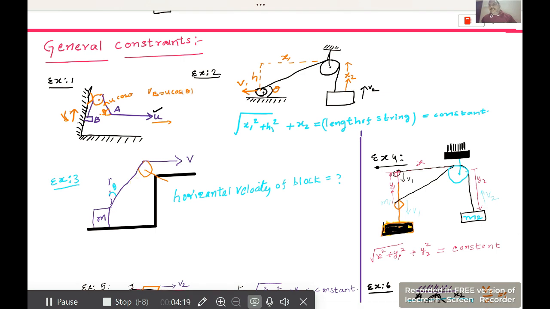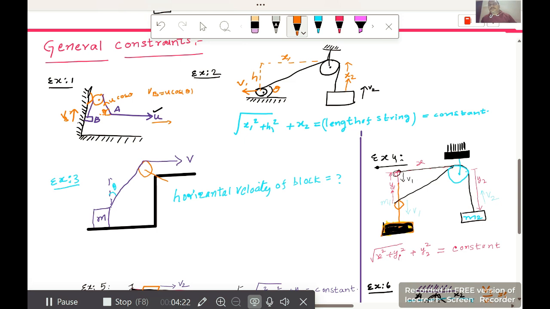The same thing we will get by using the length of the string is constant method also. The length of the string is this, right? Now consider this is y length.